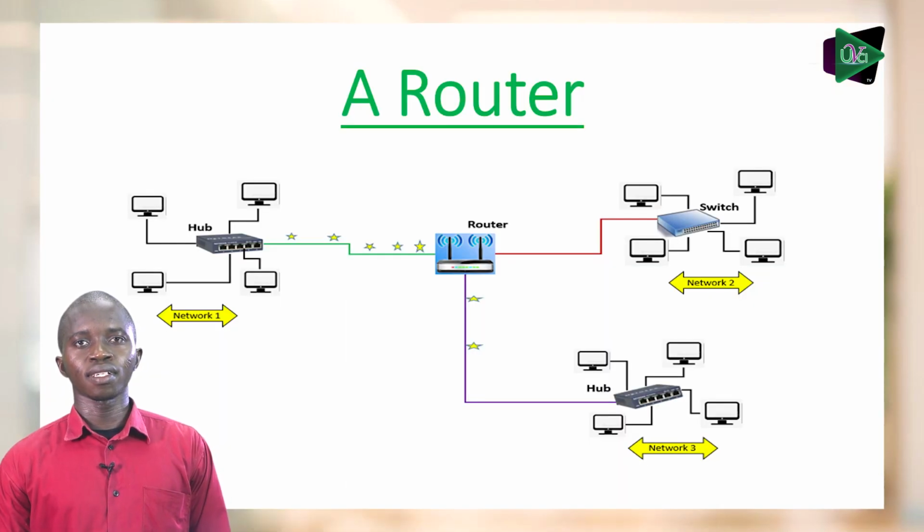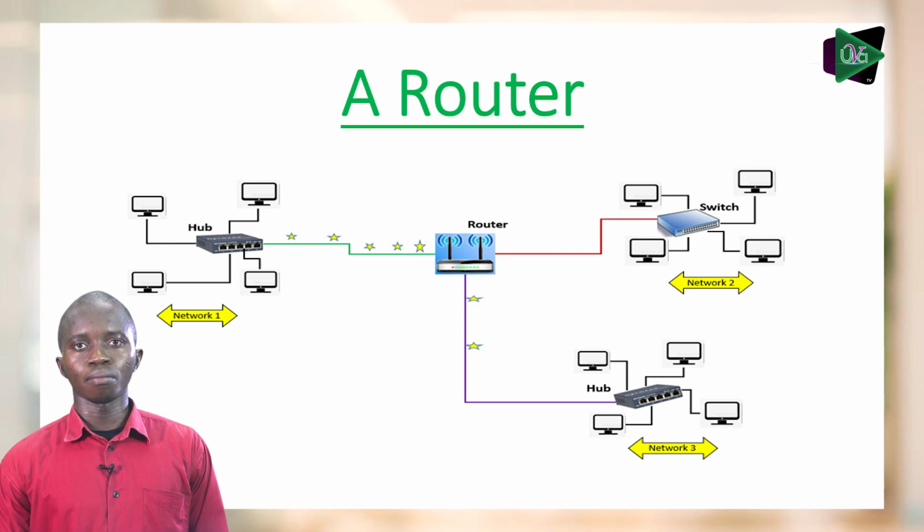Lastly, we're going to see a router. What is a router? As we said, a router is used to interconnect 2 or many sub-networks. Here, if you have a look, you can see the router in the middle is used to interconnect network 1 to network 2, network 2 to network 3, and also network 1 to network 3.